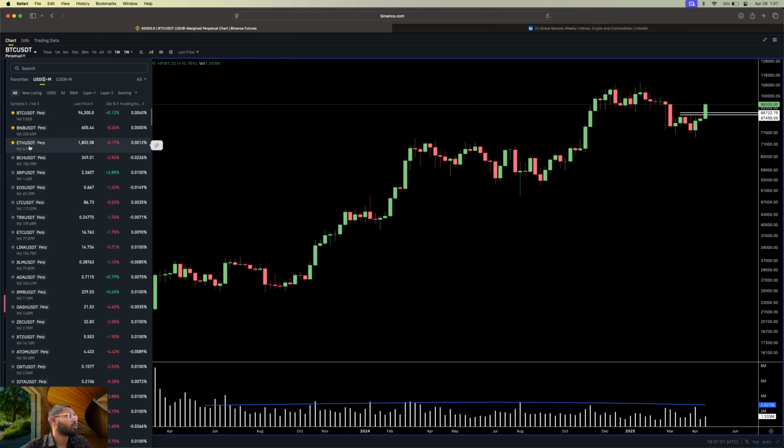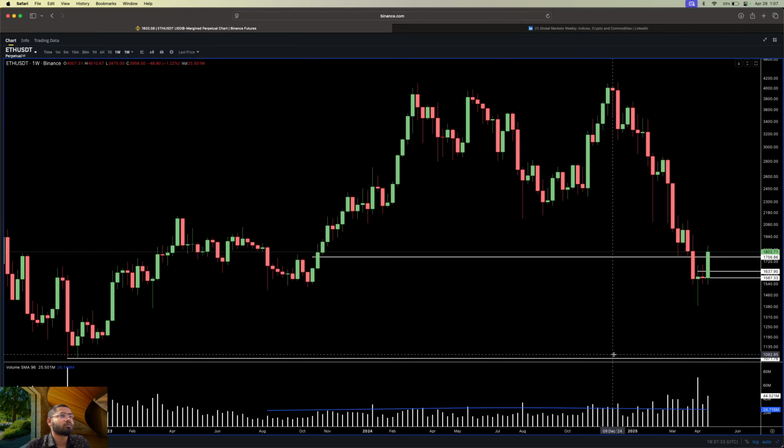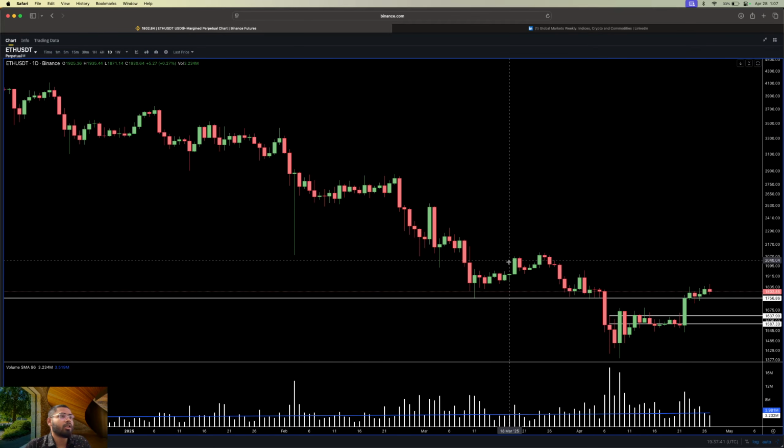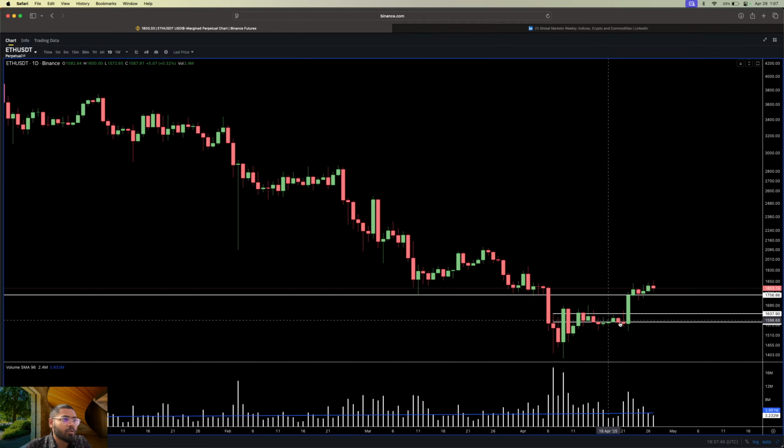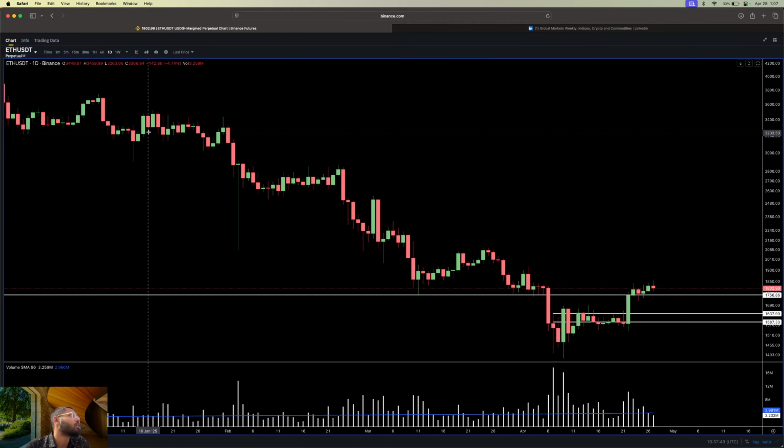Similarly, now let us look at Ethereum. Okay, it has moved quite a bit up. Let's see how the daily time frame worked. Okay, the range we drew, we got a nice strong closing above that.